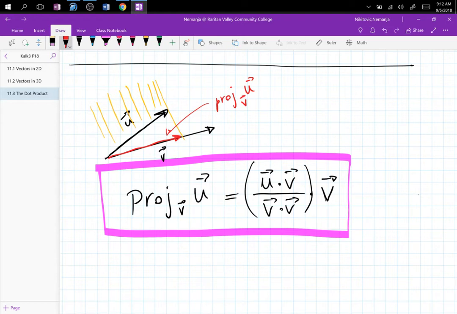This new vector, the projection vector, is not vector v, because it has different magnitude, and it's not vector u, because it has a different direction. It's a combination of the two. Common sense says the projection vector and vector v will have the same direction, because the projection vector sits on vector v.